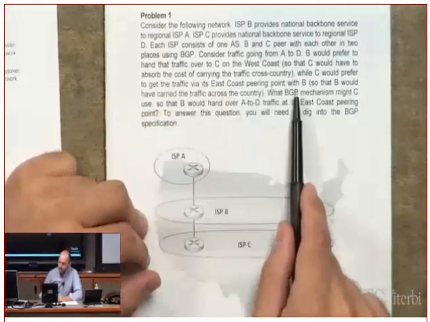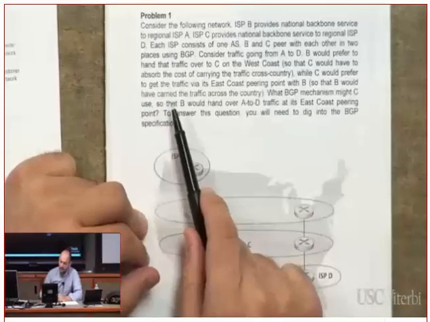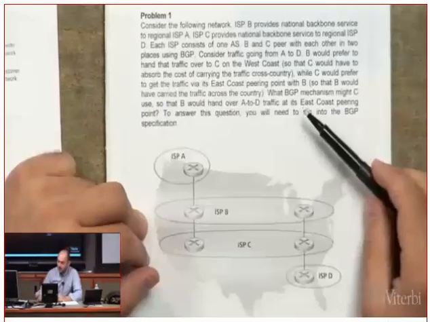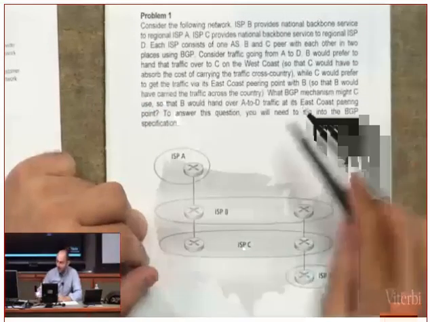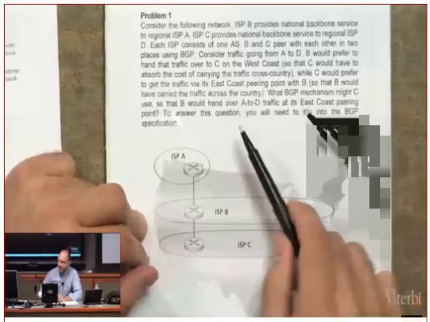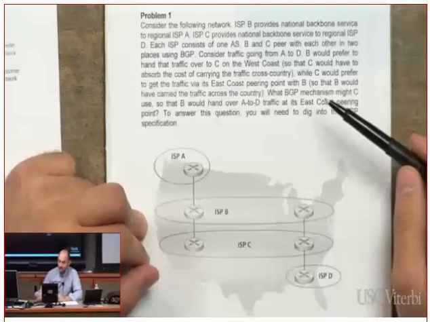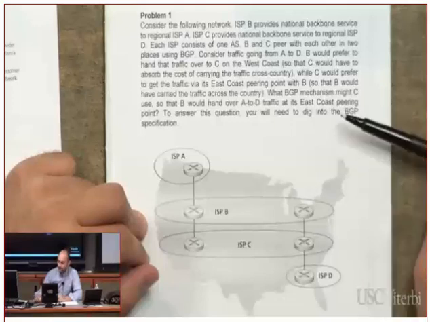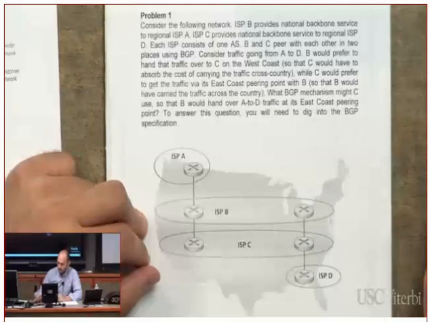To answer this question, you will need to dig into the BGP specifications. So the traffic from A to D, and we want the traffic to travel. If we focus at which one? Where is it? We are at C. Okay, so we want to see what policy C will use to send all the traffic to the other guy.